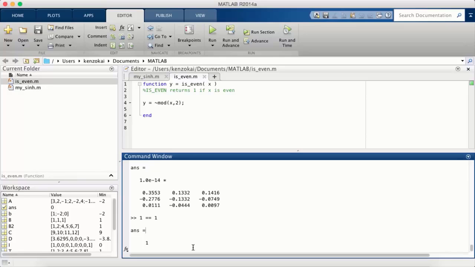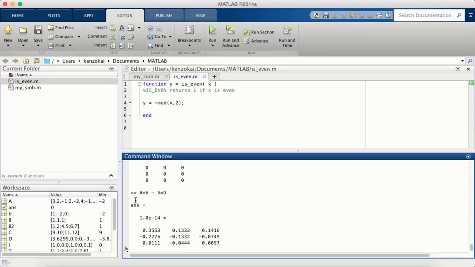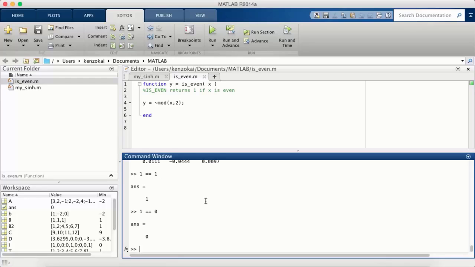Now, that brings us to the next thing I want to talk about. We have this matrix A times V minus V times D, which represents all the differences in those two matrices. And so we want to ensure that all the values are small.